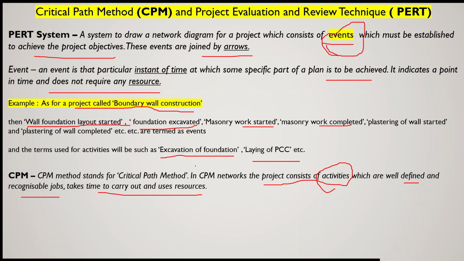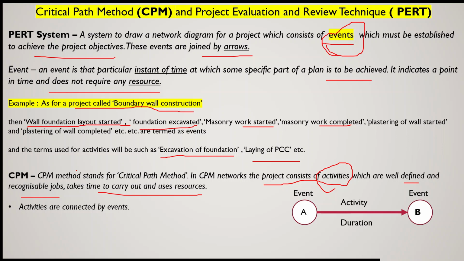So an activity will give you information about the duration as well as the use of resources, but an event is just giving you an instant of time information. So activities are connected by events. So now you are able to understand what is the difference between activity and event. Now let us see this figure. Here we have shown two circles or ovals, A and B. So A is an event, B is an event.